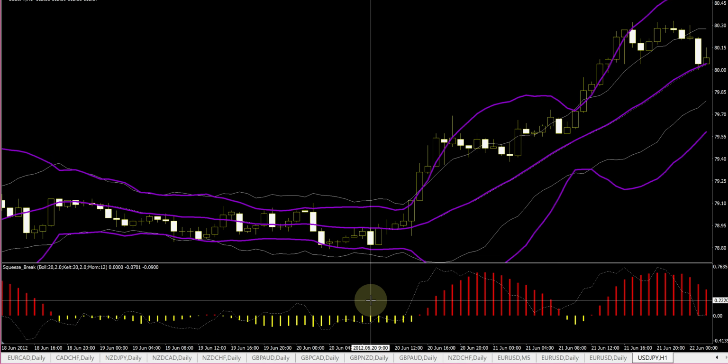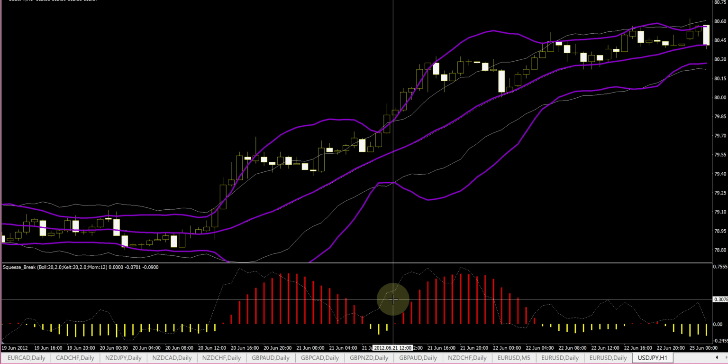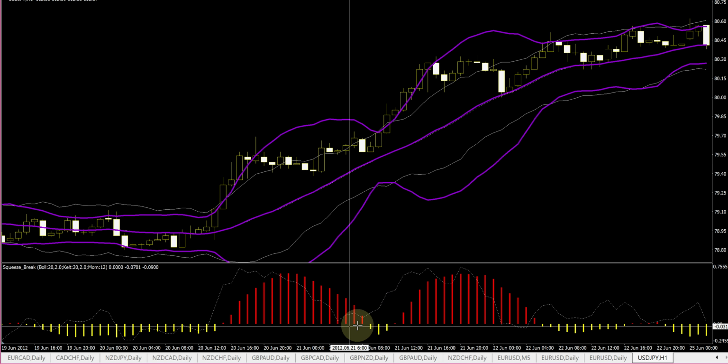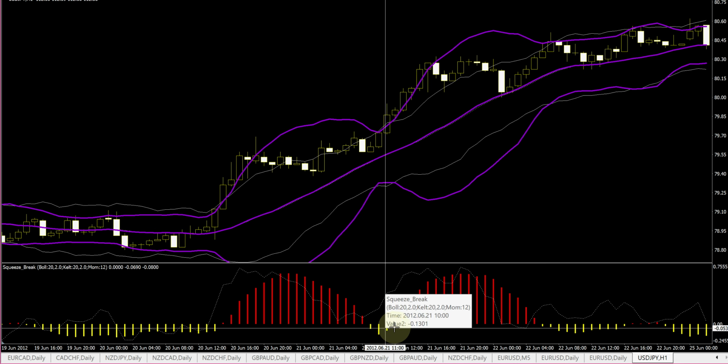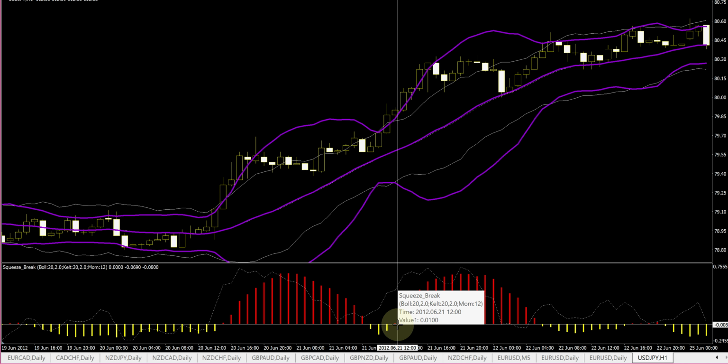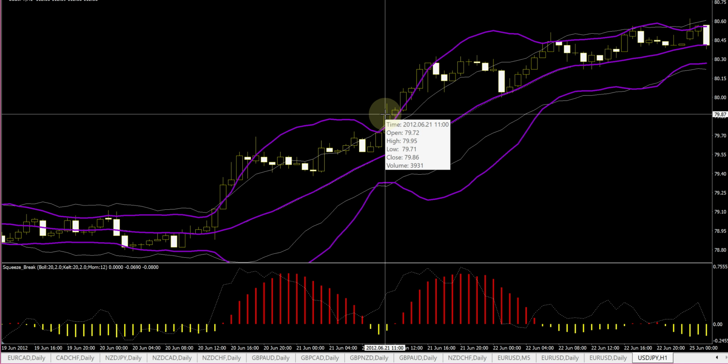If we move a bit forward, the same thing here. We started consolidation and we finished consolidation, and then we see that the explosive breakout has started, and the momentum is also positive, so we are going long. So this is how you use this indicator.